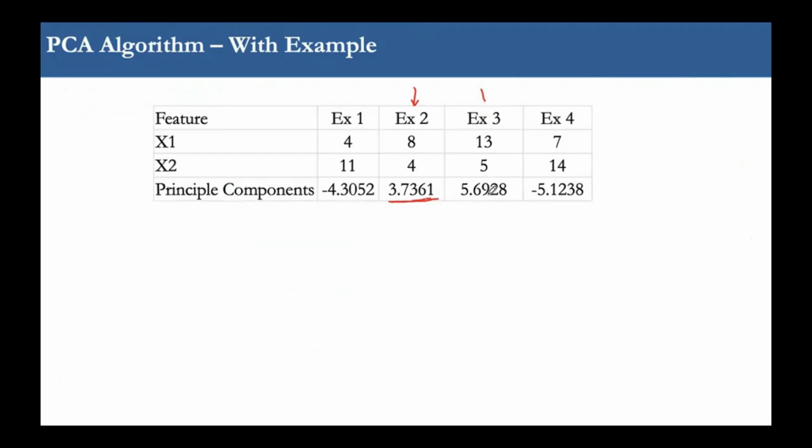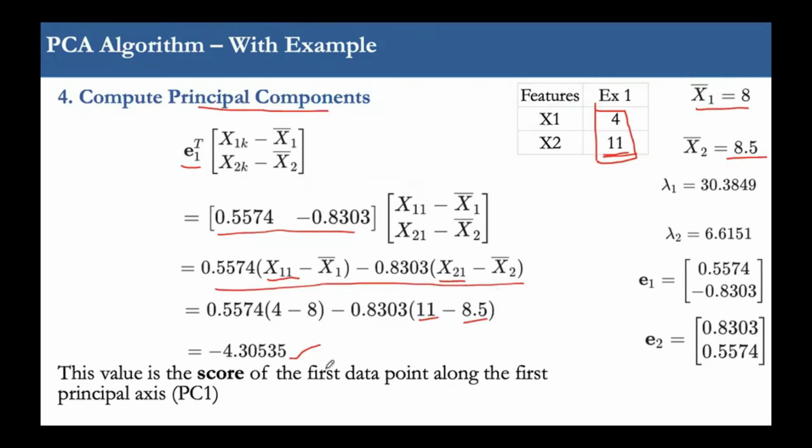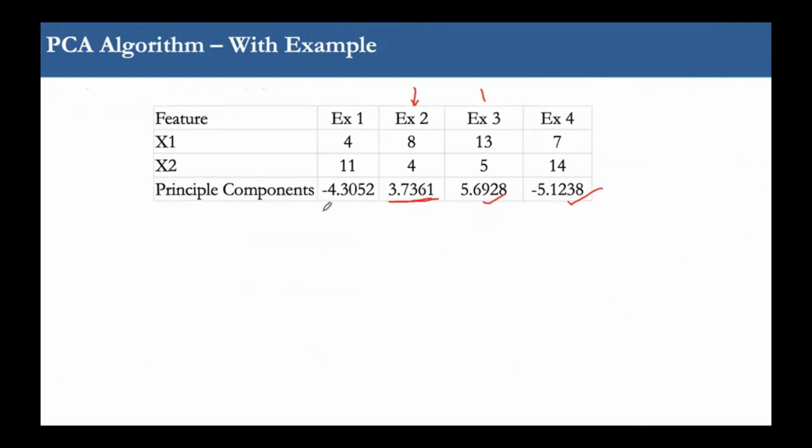Similarly, we do it for the third and fourth data points, and we get a single feature or single principal component for each. In this case, we are selecting the higher eigenvalue and its corresponding eigenvector. In this way, you can find the principal components for the given data set. Thank you.